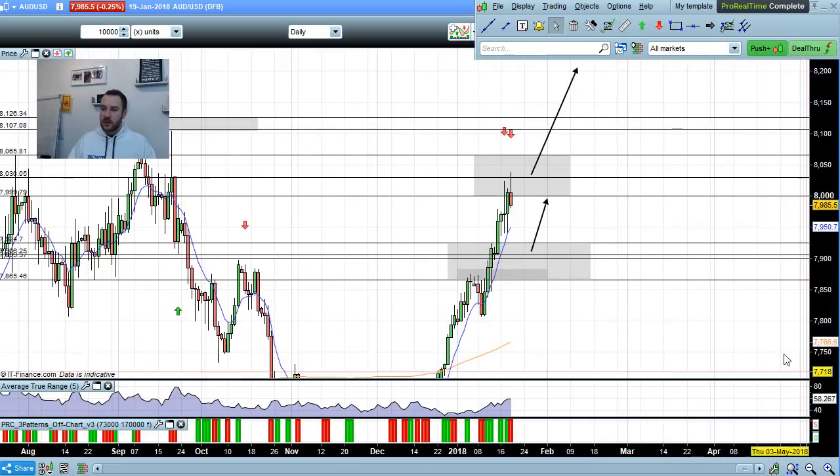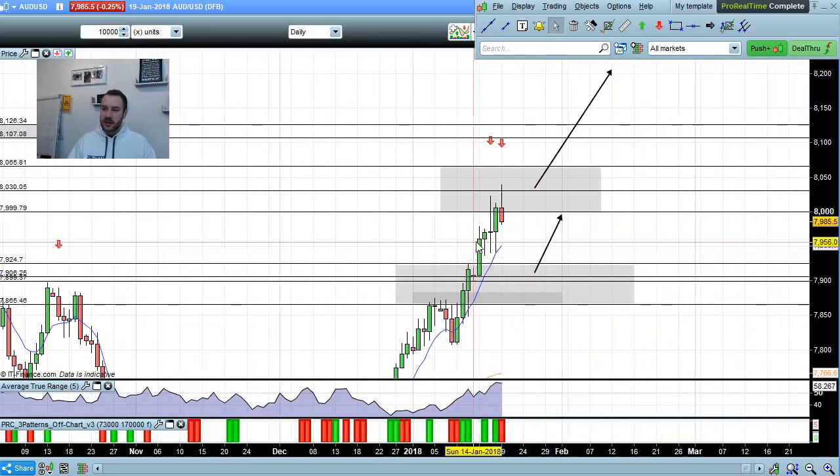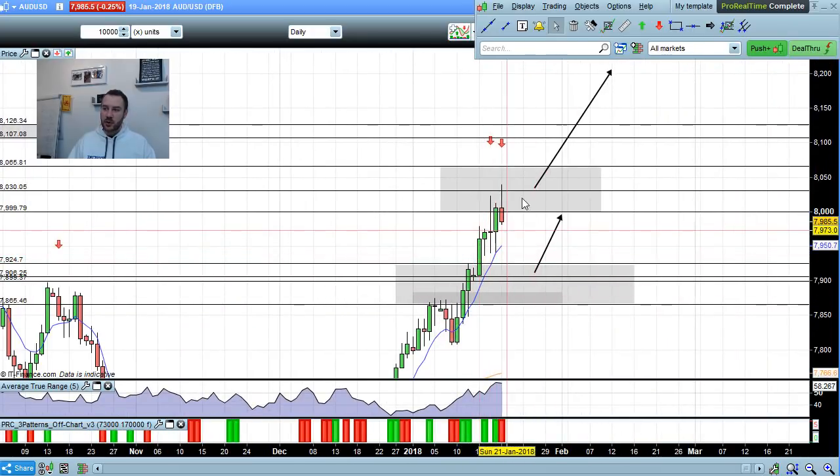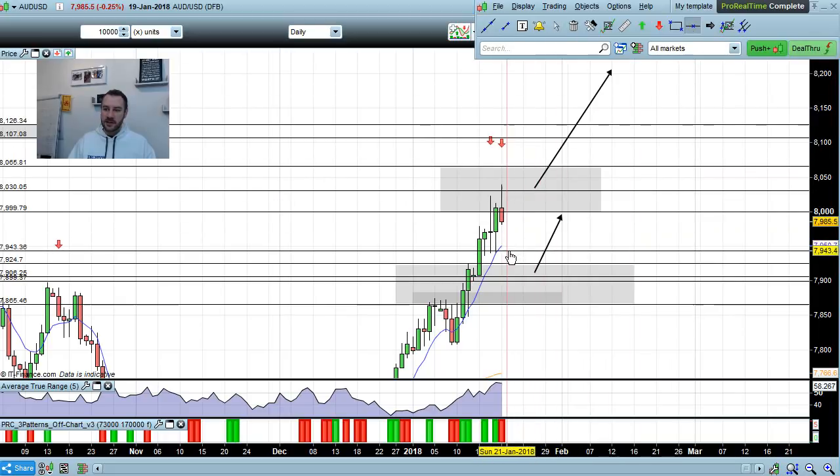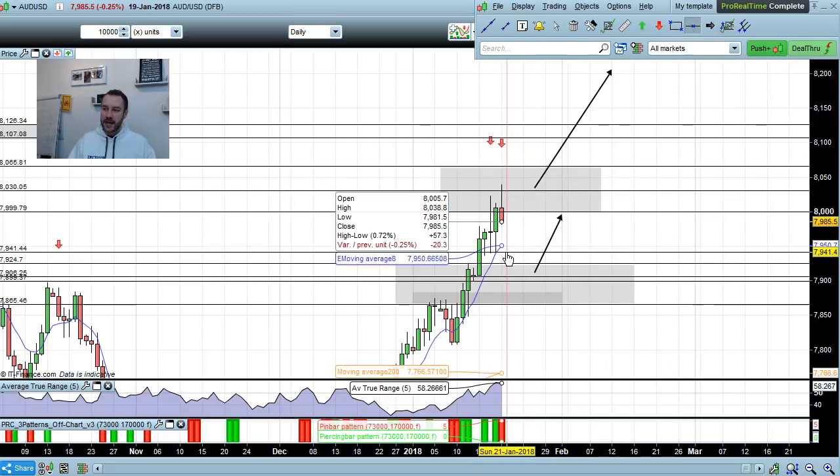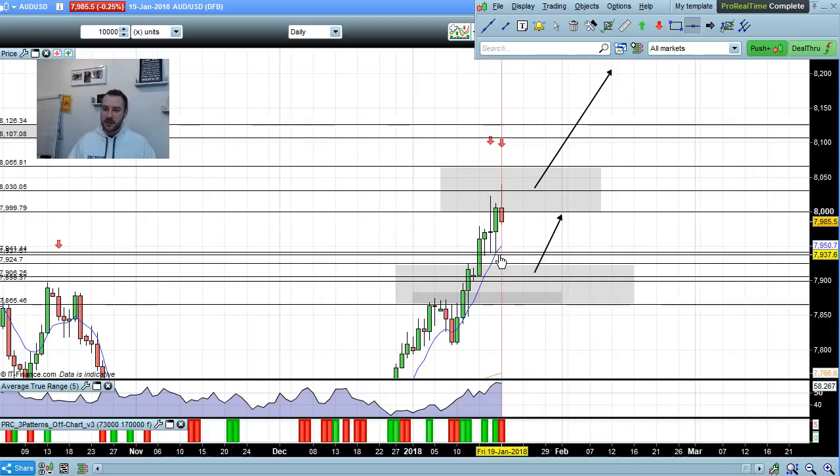Now if we just zoom in a little bit, what we can also see is the market has paused here and it has paused here. It's giving us another little clue. So 7940 down to only around about 7935. All this is when we're looking at candlestick charts, it's showing us what happened last time the market was here.